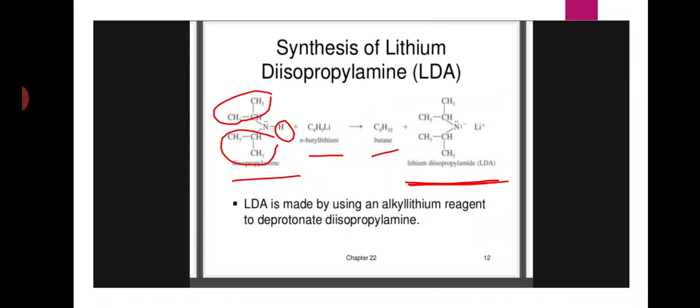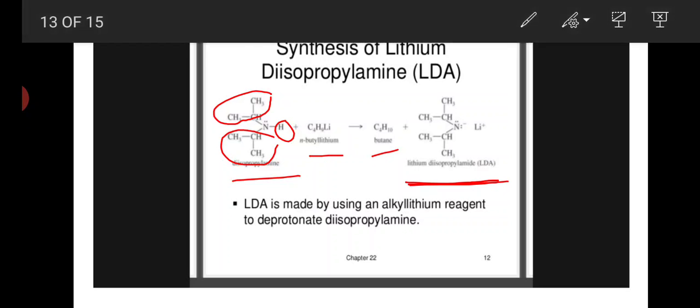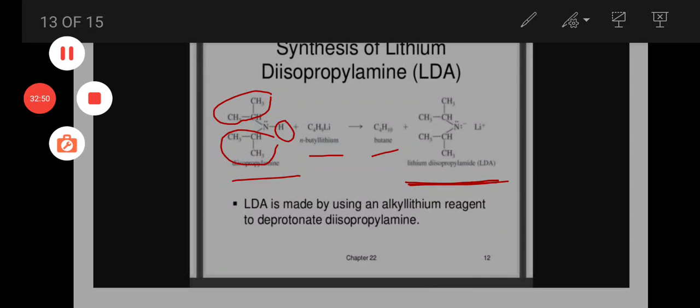In diisopropylamine, one of the hydrogens is replaced by lithium and forms LDA. LDA is made by using an alkyl lithium reagent to deprotonate diisopropylamine. This is the synthesis of LDA.